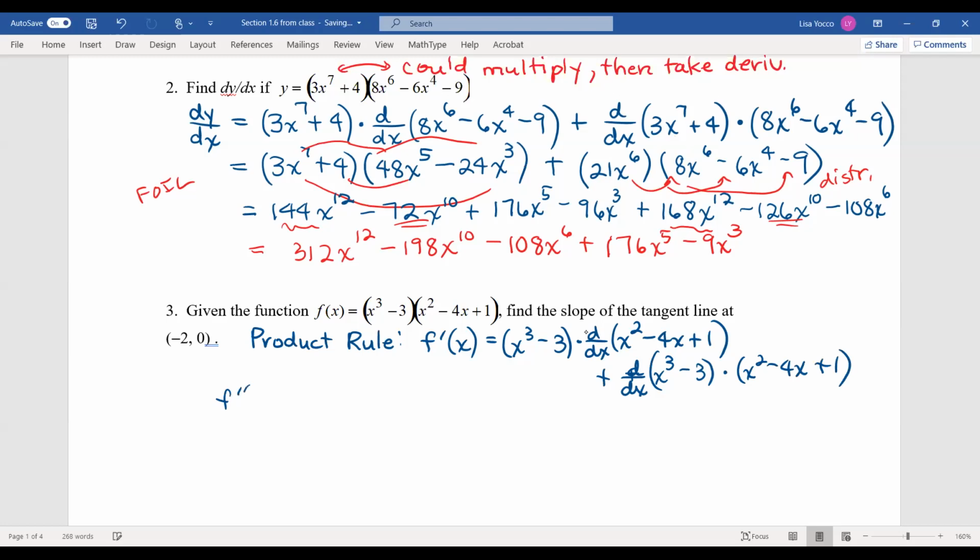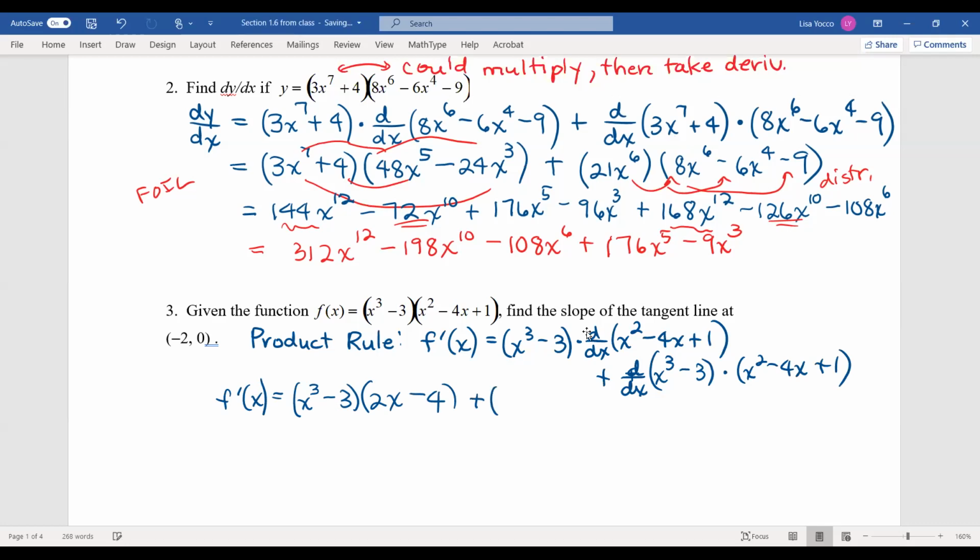All right, and that gives me x cubed minus 3, derivative of x squared will be 2x, derivative of minus 4x is minus 4, and the plus 1, that's a constant, the derivative is 0.